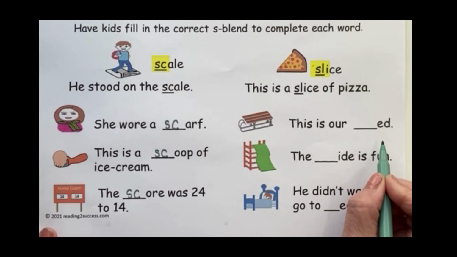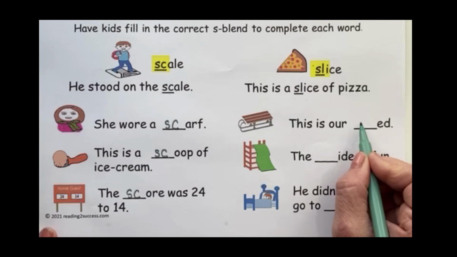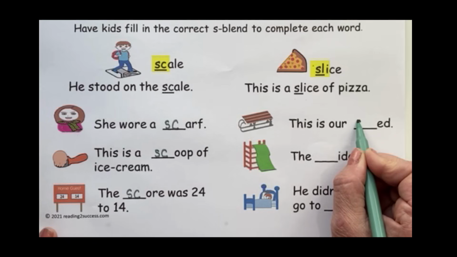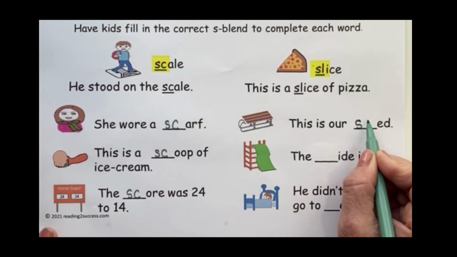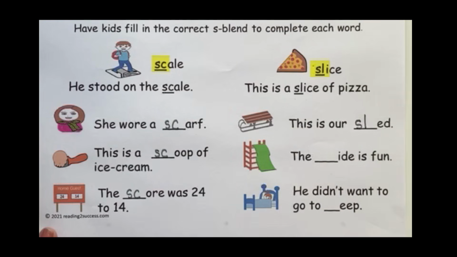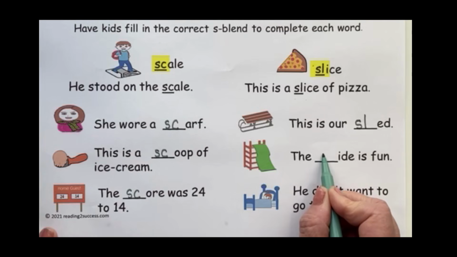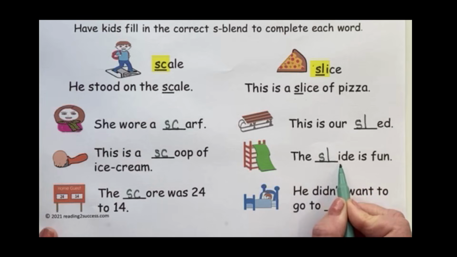To make the word sled, we already have ed, and we're going to add the S blend SL. Sled. This is a slide. The slide is fun. We already have ide, and now we need to add the SL blend to make slide.